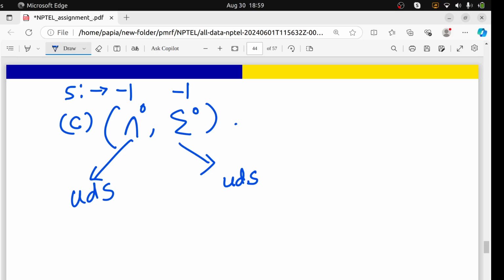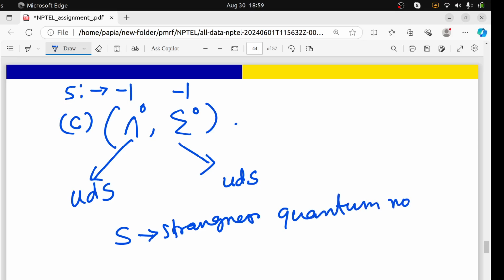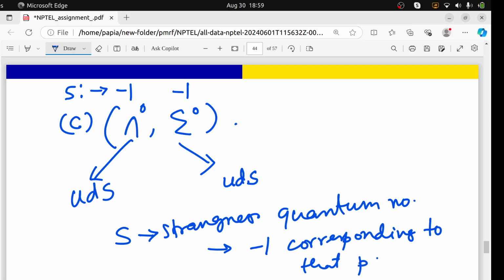We know that if one strange particle is present, that means one strange quark is present in the particle, and S, the strangeness quantum number, will be -1 for that particle, right?